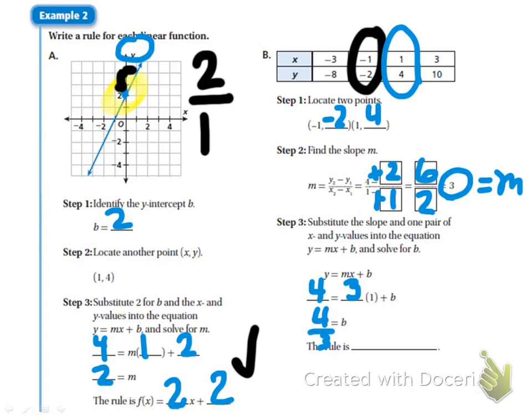This must be a typo from the textbook company. So my rule is f of x equals 3x plus 4/3. And I leave it as a fraction. Remember, whenever you have a number like this, we leave it as a fraction so that we can graph it easier later.